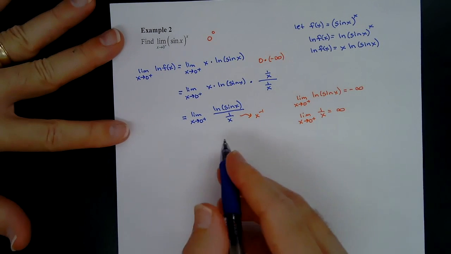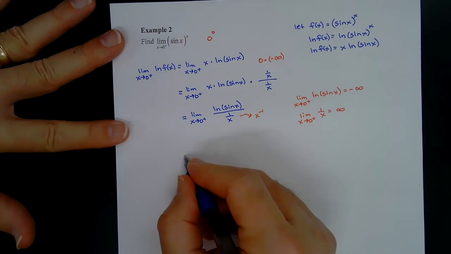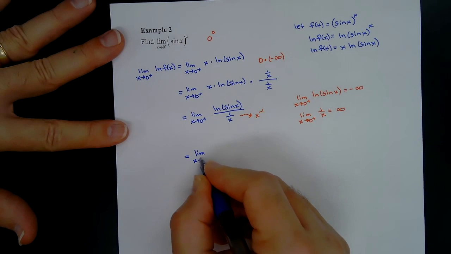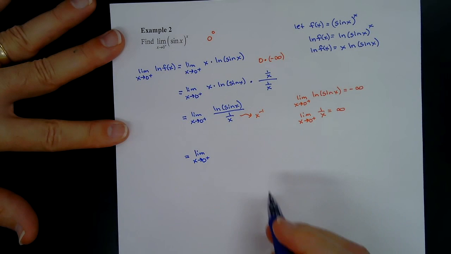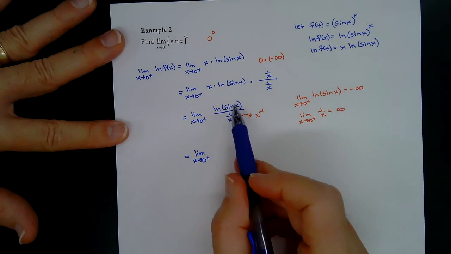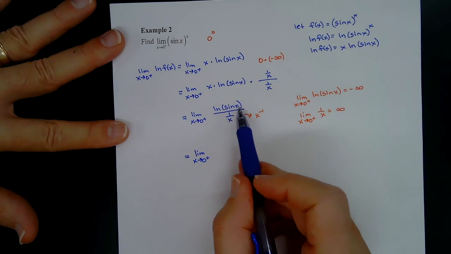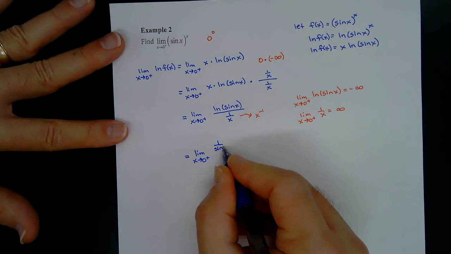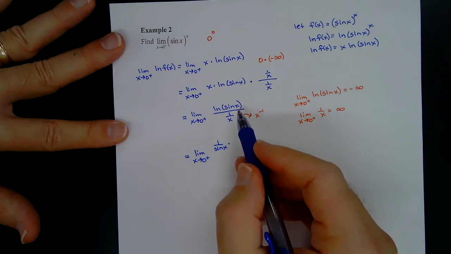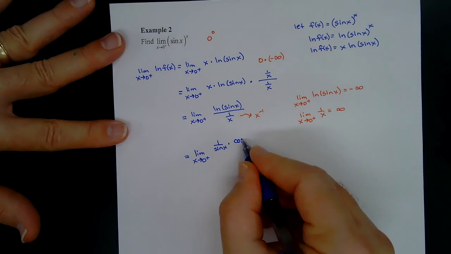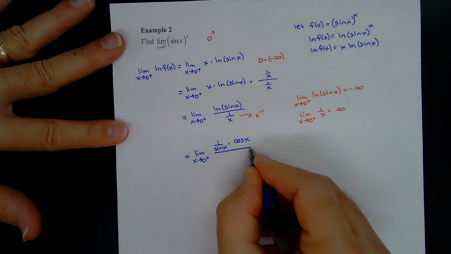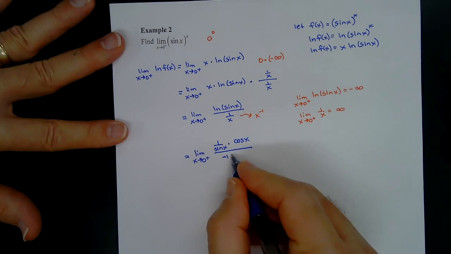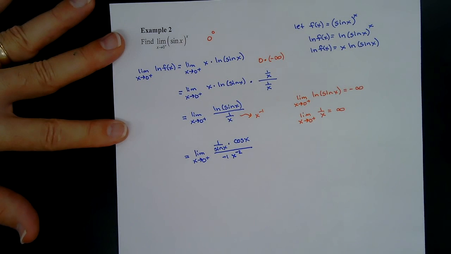All right, so taking the derivative of this, the limit as x approaches 0 from the right of, and the derivative of this would be 1 over whatever you're taking the log of, so that'd be 1 over sine x times cosine x, over, and this would be negative 1 times x to the negative 2 power.